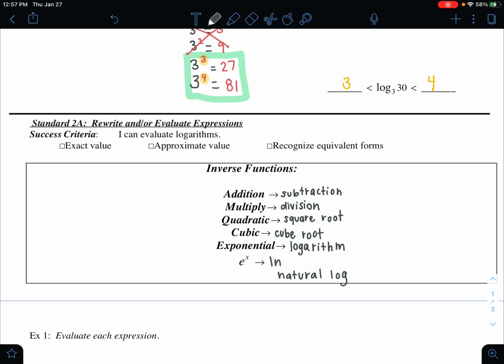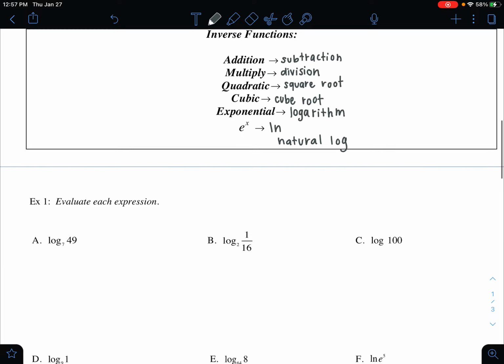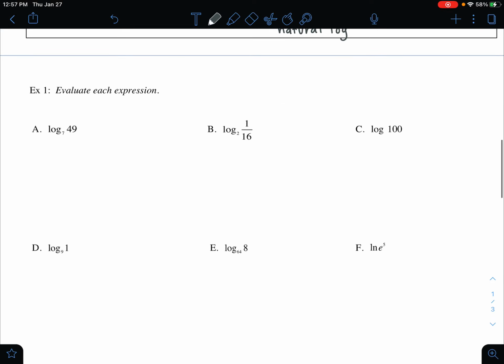All right, so what I need you to do is take a look at these expressions below. Evaluate each expression. I want you setting them equal to x, rewriting them as an exponential, and solving.